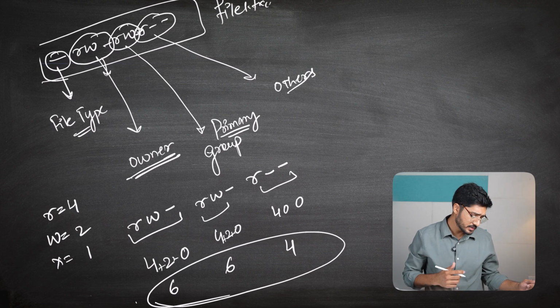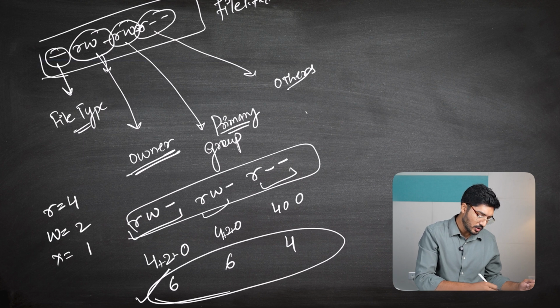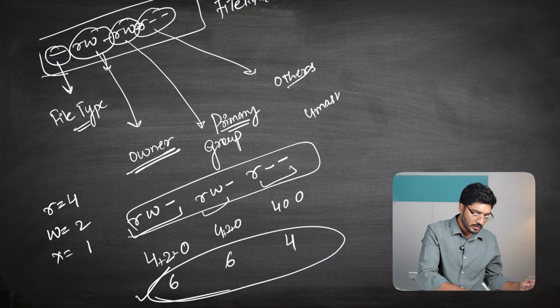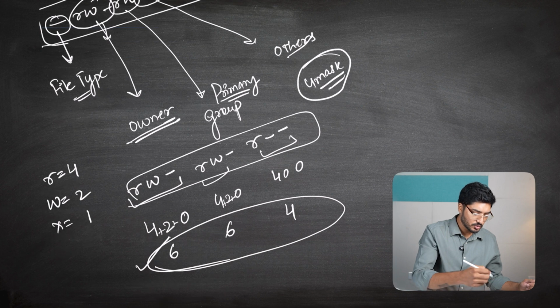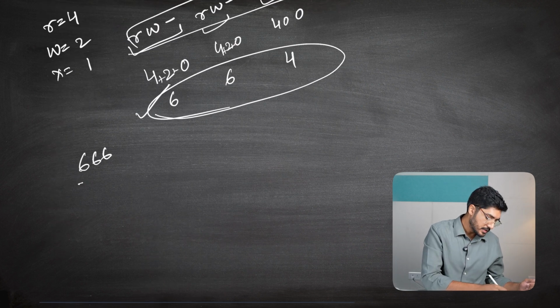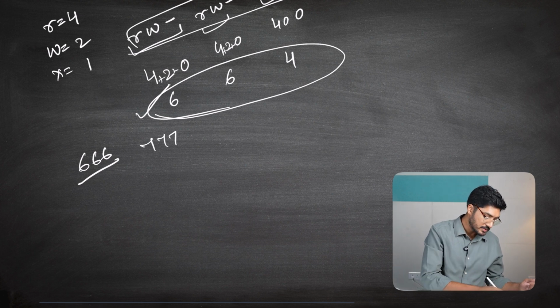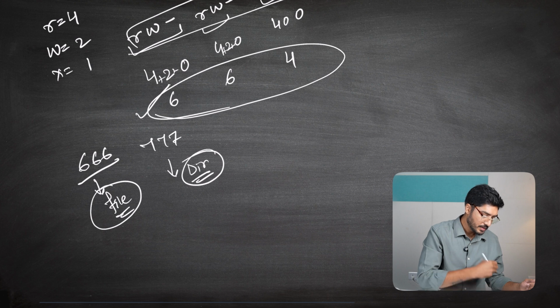How do we calculate this? There is something called umask, and I will show the command. How does it define it? The maximum permission on any file is always 666, and the maximum permission on any directory would be 777. So you can note this down. The maximum permission on a directory will be 777, and for a file by default it is 666.